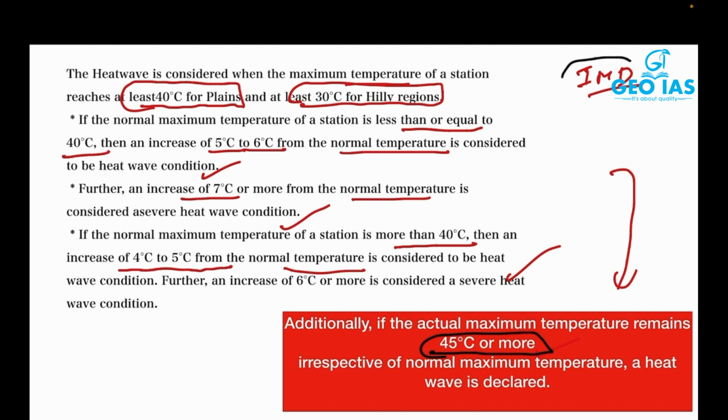So IMD is very clear that if the temperature of a station or a location goes beyond 40 degrees, or 5 to 6 degrees more than normal, we can consider it a heat wave condition. Again, I am stressing here, irrespective of the location, if the maximum temperature is more than 45 degrees, we can call it a heat wave condition.